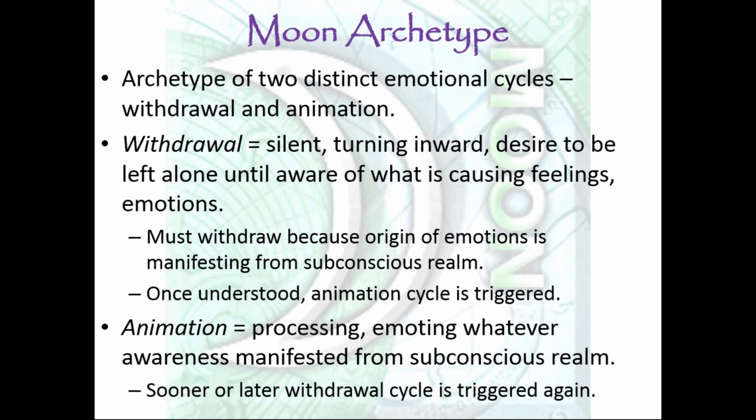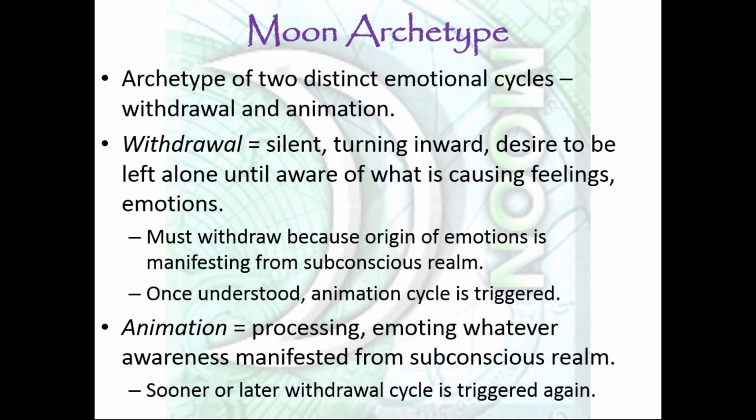Oh man, did I really recognize an old parental pattern that I just keep repeating and repeating. And so we want to process the emotions as we have figured out why they are happening, where they are coming from. And we go through the animation cycle until sooner or later the withdrawal cycle is triggered and it starts all over again.